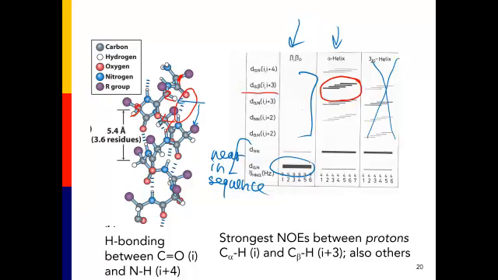So after you get to I plus 5, they're too far apart. The strongest NOEs for an alpha helix are between those protons, and the weaker ones are just the ones around. That's the fingerprint of an alpha helix versus a beta sheet by NMR.